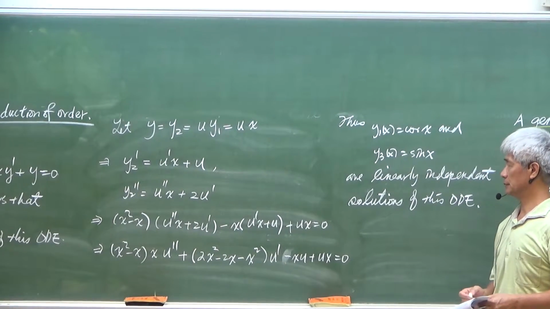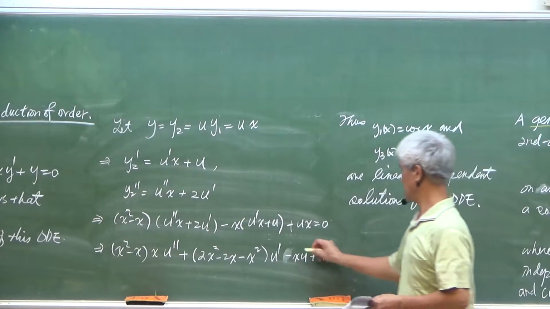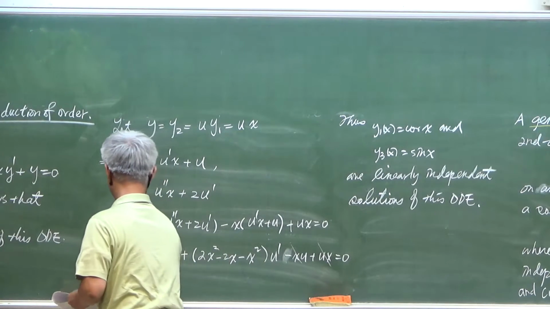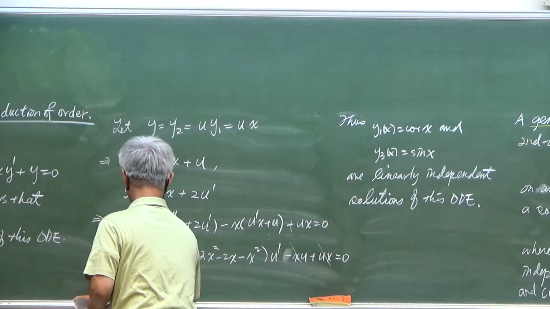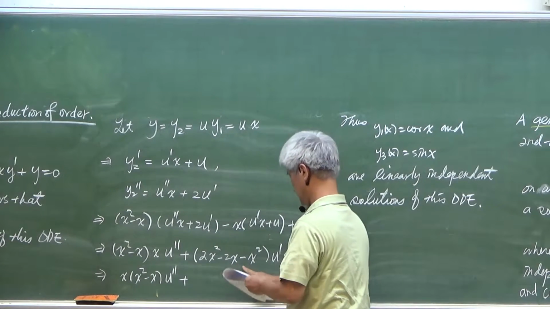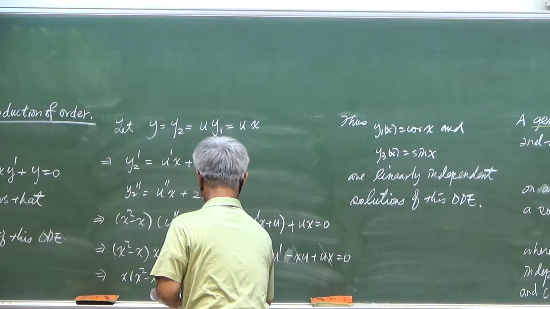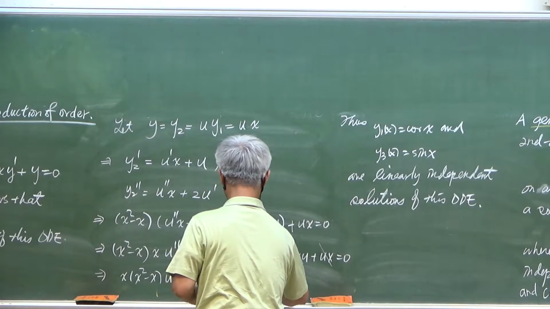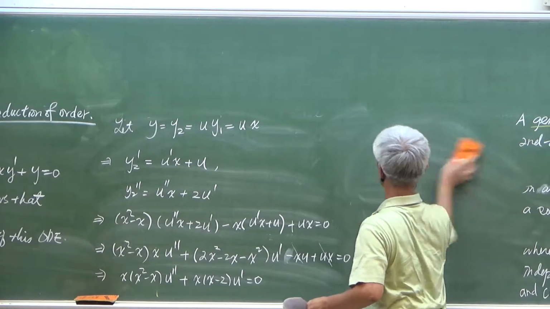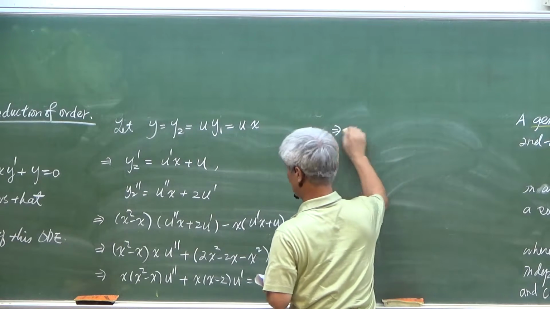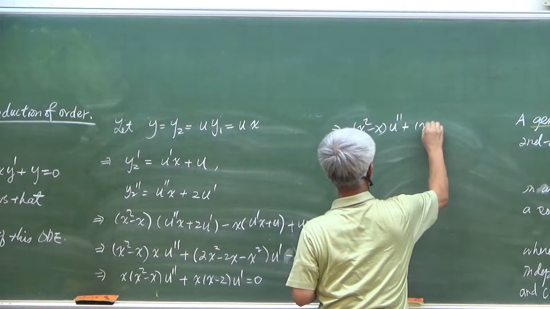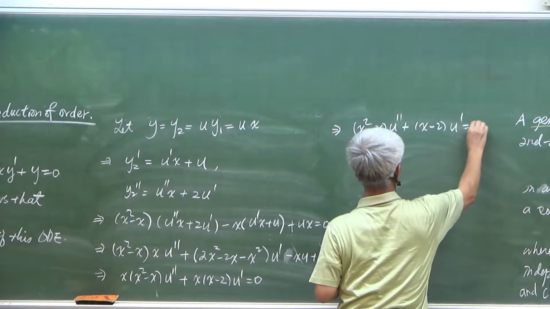Okay, and we cancel them. So we have x squared minus x u double prime plus x minus 2 u prime is 0.